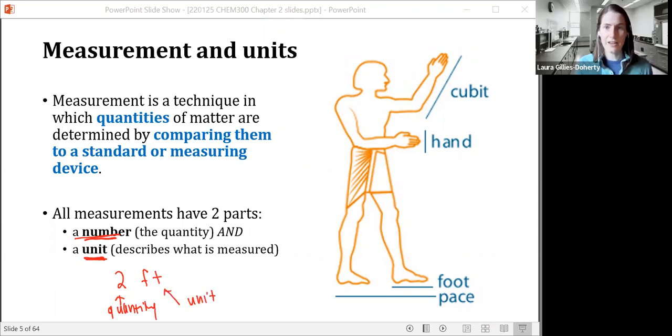So make sure every single measurement you report includes the quantity part, and it also has to include the unit part. If it doesn't have a unit, it's like, what are we talking about? 2 feet, 2 stinky socks, 2 jelly beans, 2 donuts, 2 atoms? We have no idea. And so it's really important that when you're doing your calculations, and especially in your homework to get full credit, that you report every single measurement with its associated unit.